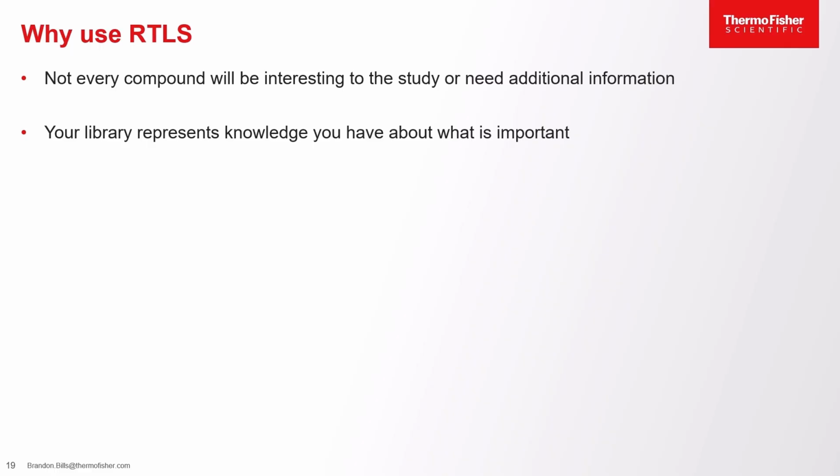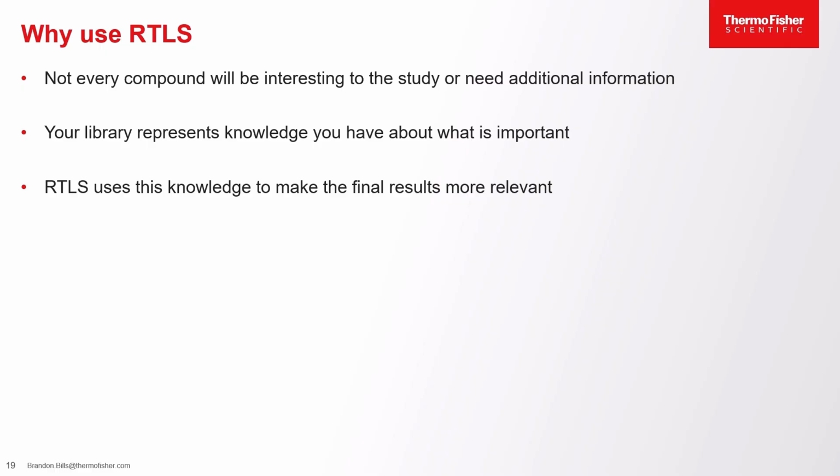So real-time library search is your means of taking that prior knowledge and telling the instrument how to use it. And doing this allows the instrument to make your final results more relevant to the questions you have about your samples.